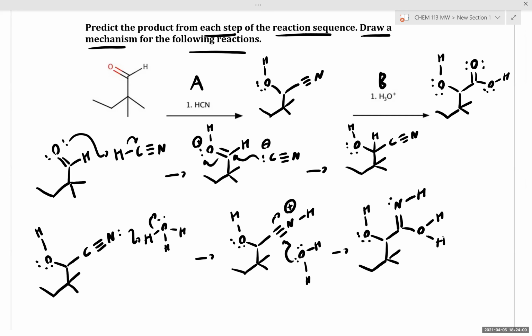Okay, so from here, we now have this adduct. And in the end, we're going to need to kick out an equivalent of ammonia as a leaving group, right? So in order to facilitate that, how do we activate this equivalent of ammonia?